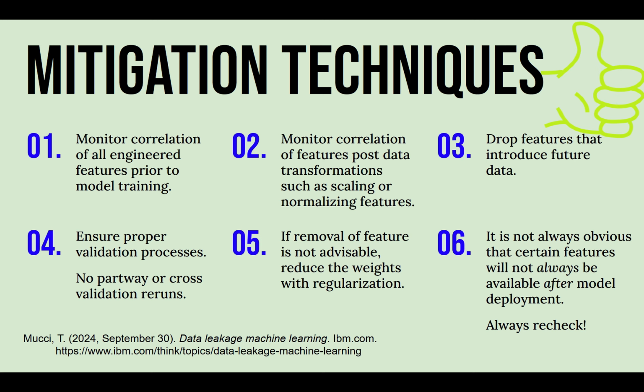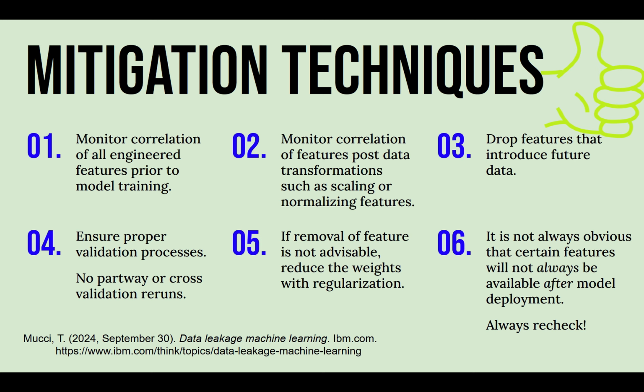One way to ensure that doesn't happen is to make sure we're not rerunning partway through our cross-validation. If during cross-validation we expose the model to our test set, then we have to start all over and retrain the model all over again.